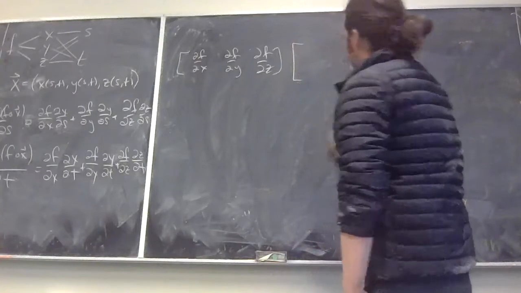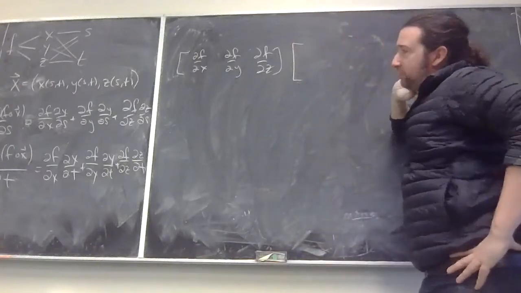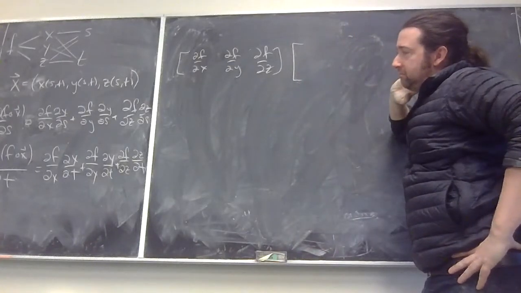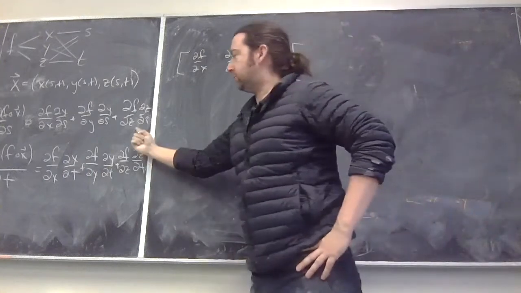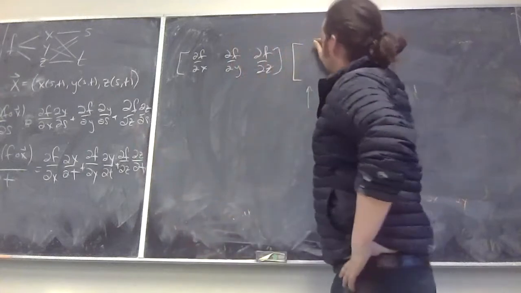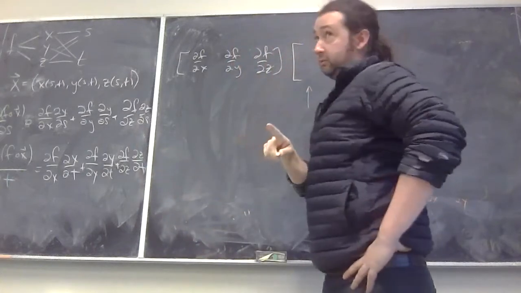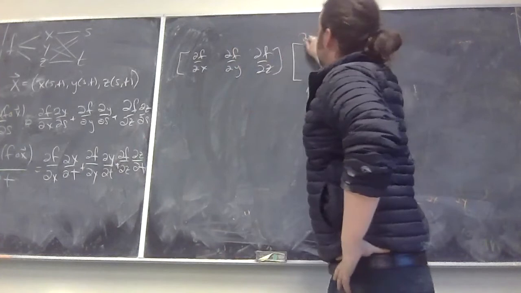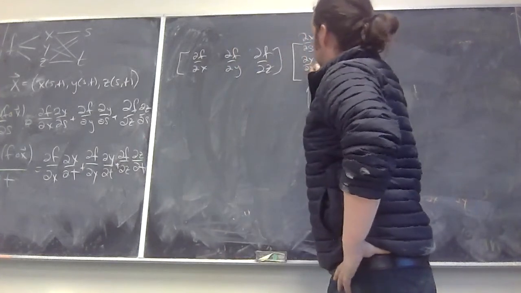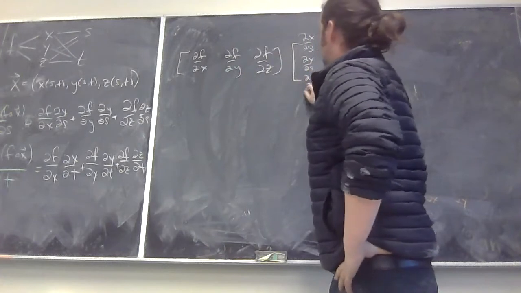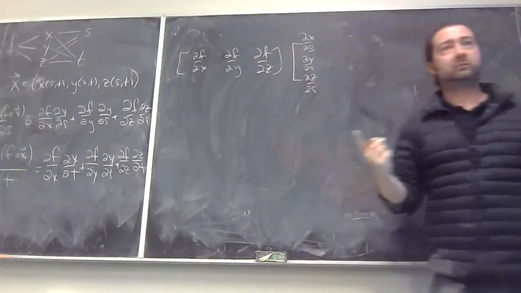Well, what would I have to multiply it by to make this happen? What has to go in this column in order for this equation to fall out? dx ds, dy ds, dz ds. Why did I keep all of these in the same column?